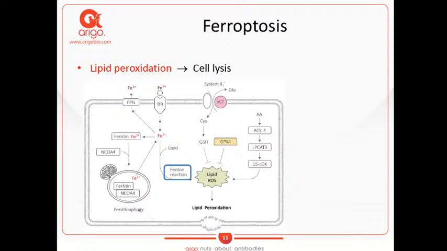In cells, ferroptosis can be prevented by GPX4. GPX4 is an enzyme. This enzyme uses glutathione to reduce lipid ROS. Lipid ROS reduced, so the lipid peroxidation is prevented.